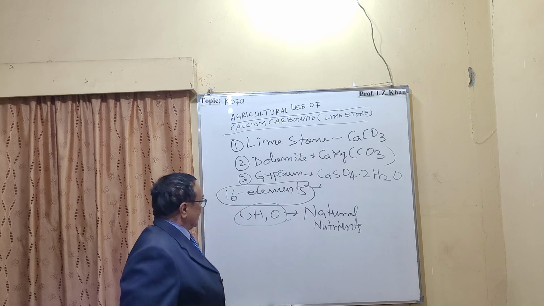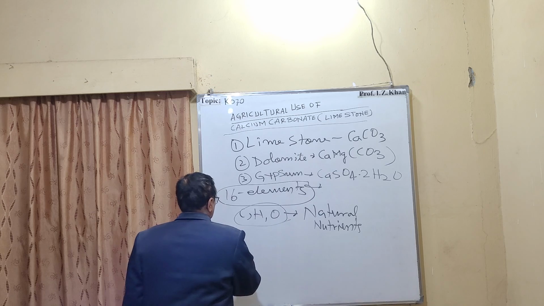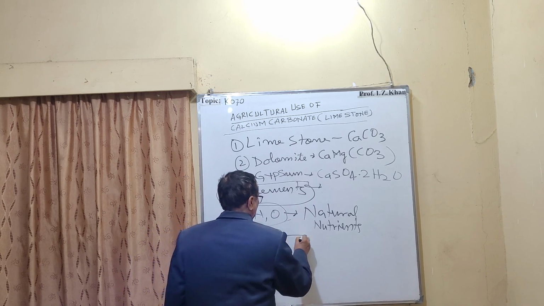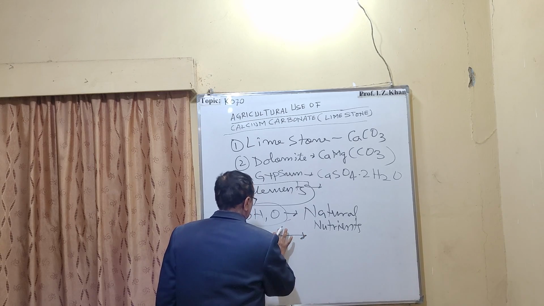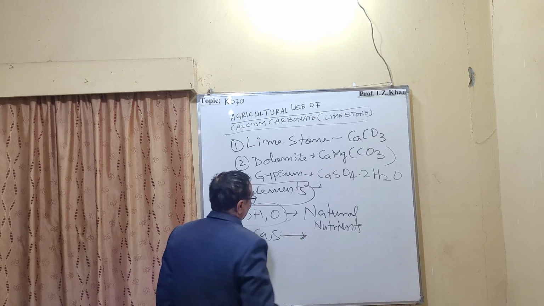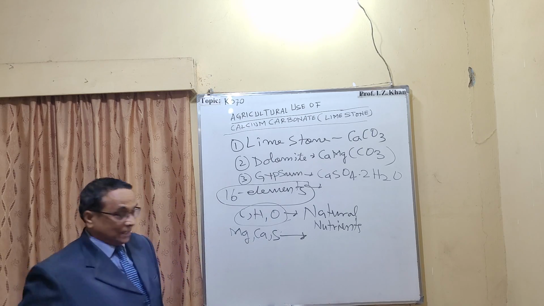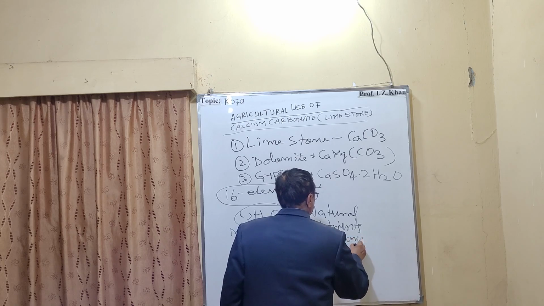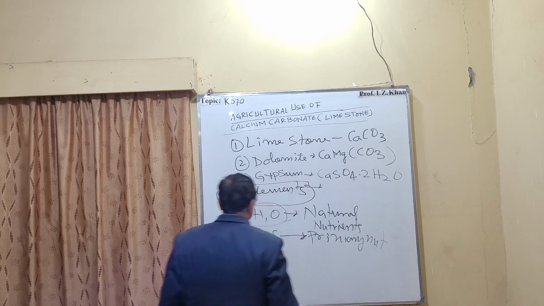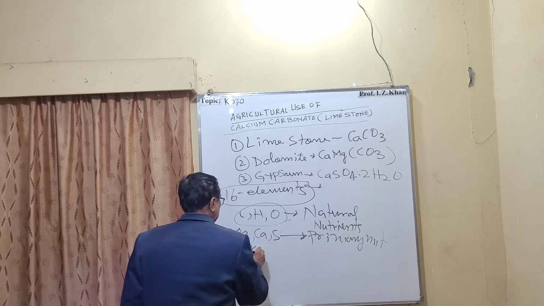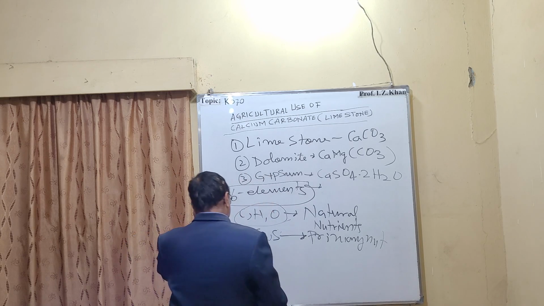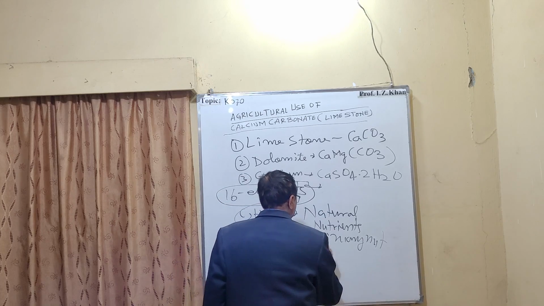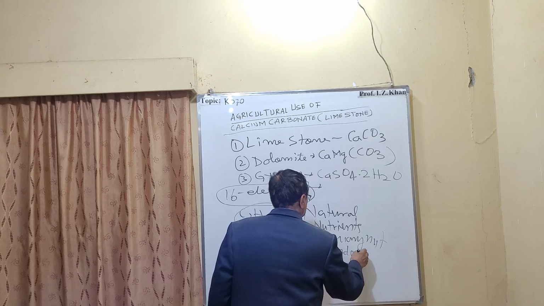The other group, calcium, magnesium and sulfur, is called your primary nutrient. The other group, phosphorus, potassium and iron, is known as secondary nutrient.